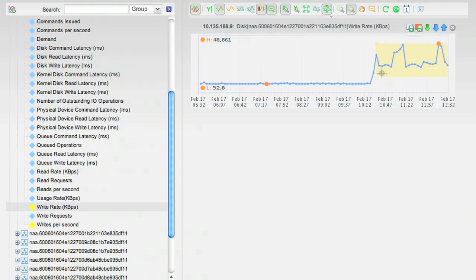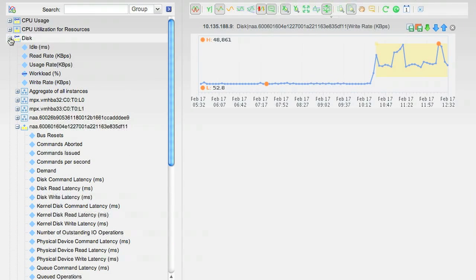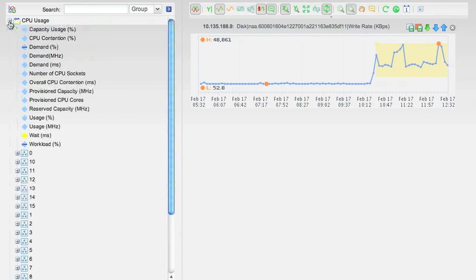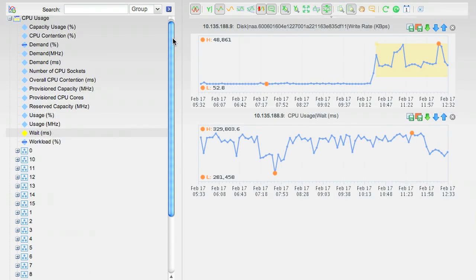And indeed, the section that is abnormal is highlighted. Similarly, we can cross-reference this disk information with CPU information, looking at the abnormal stats there. So this tab is a powerful way to get the deepest level of investigation into what your object is doing and why it is misbehaving.